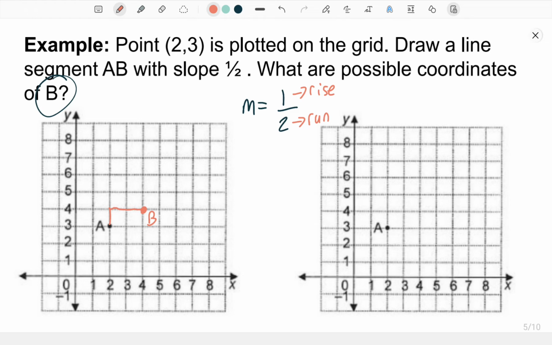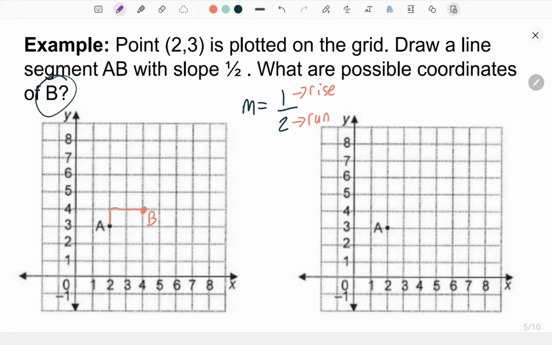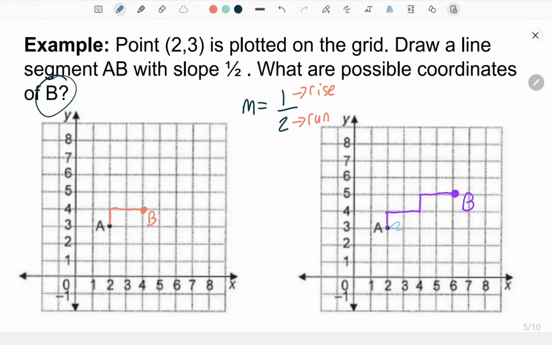But that's not the only point on our line. There are many points on our line. So what else could we do? Well, I'll do that on the right side here. You could go up 1, across 2, and you could just keep repeating this. Up 1, across 2, and that new spot would also be a point. And this pattern doesn't just go forward. You could also go backwards. So what's backwards? Well, down 1 and back 2.